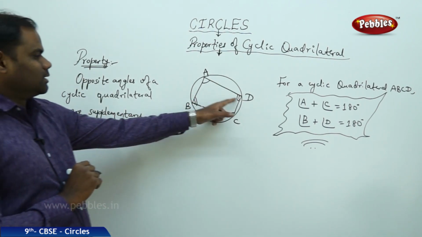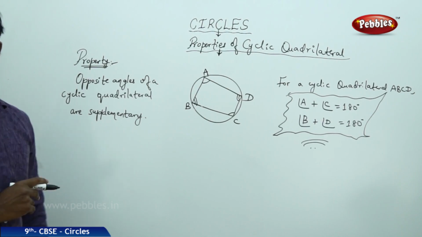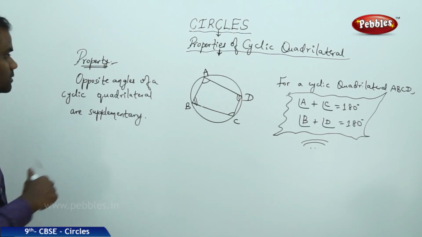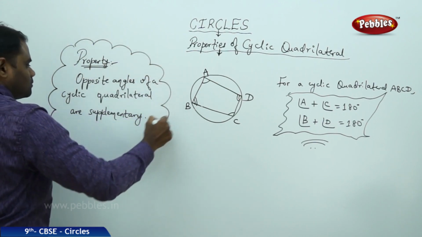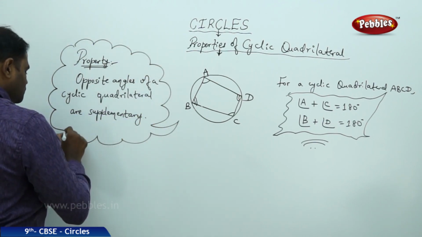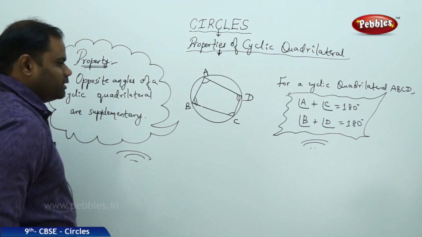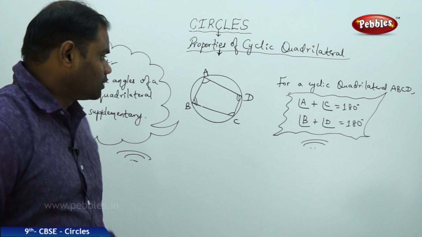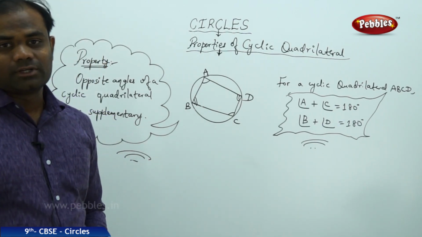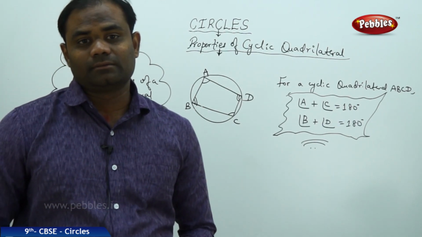So opposite angles of a cyclic quadrilateral are supplementary, that is 180 degrees. This is how we understand the supplementary property of the cyclic quadrilateral.